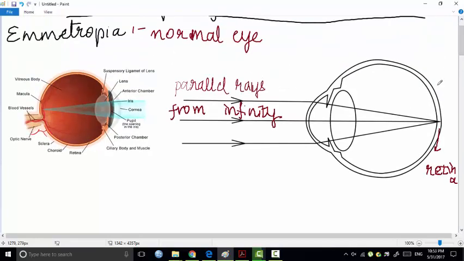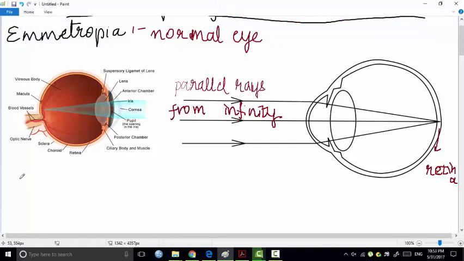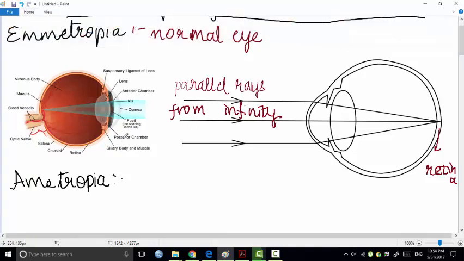So this is about emmetropia. Now coming to the second term, which I would like to make you understand, ametropia. What does ametropia mean? Ametropia is a refractive error.